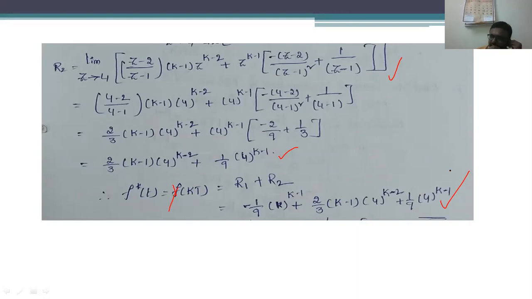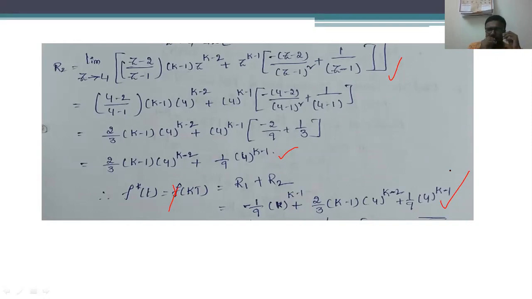This is the procedure which is applied for calculating the inverse. After that, we are going to move to the next method, that is the power series method or long division.